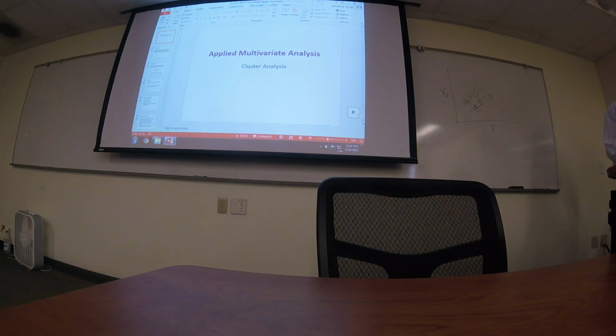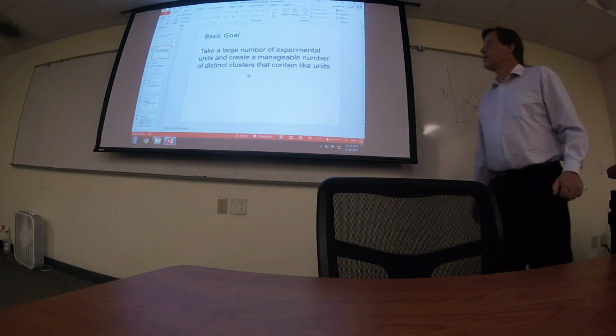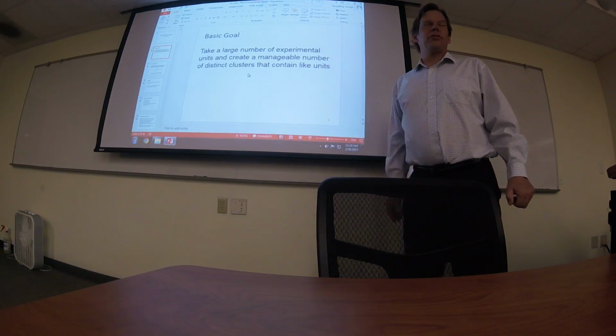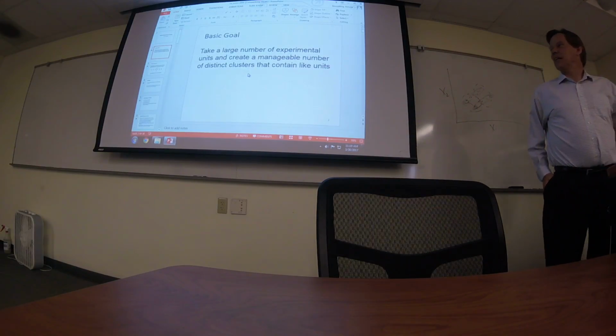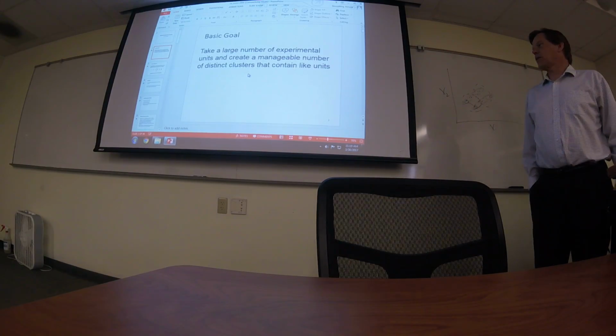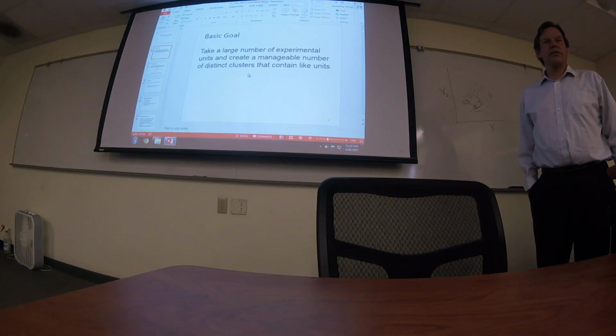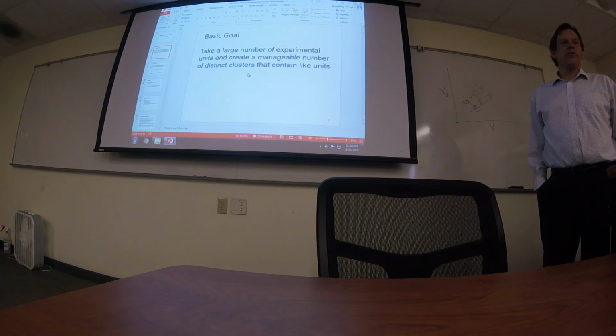Okay, here's what happens in cluster analysis. We're going to take the data points, which statisticians like to call experimental units, and we're going to make clusters of the points, not new variables.